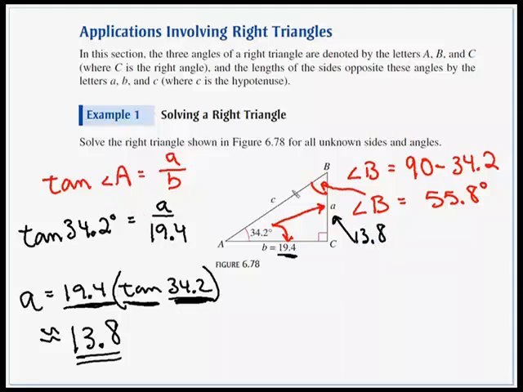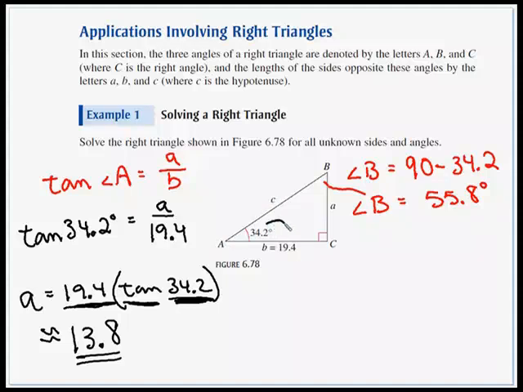And now we can solve for c, the missing hypotenuse. We could do the Pythagorean theorem, 19.4 squared plus 13.8 squared would equal c squared, or we could set up another trig function. I'm going to set up a trig function. Here again, we know this angle is 34.2.